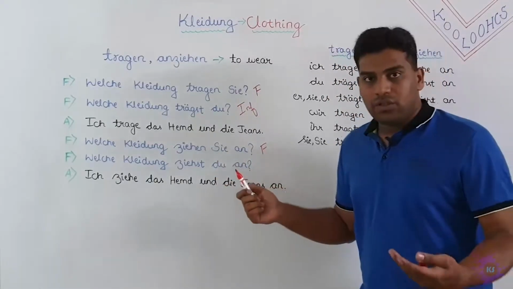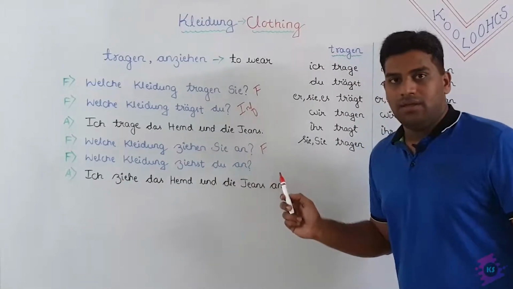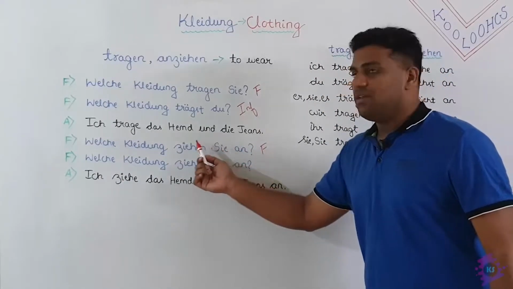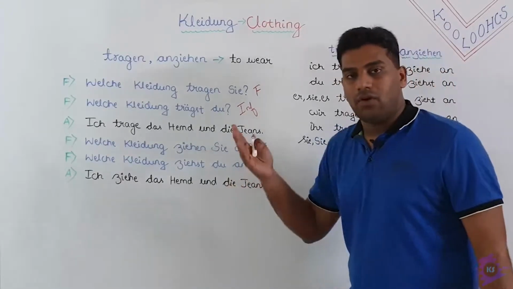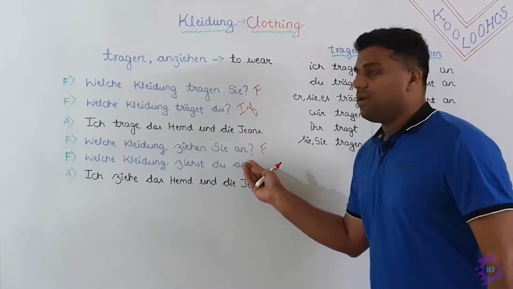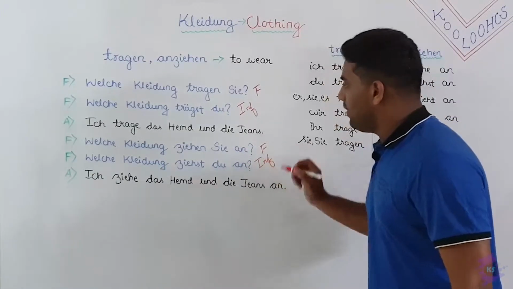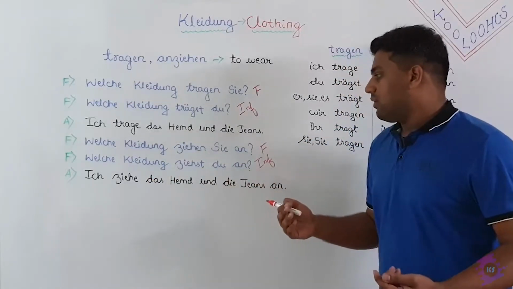And the informal way with du will be like this: welche Kleidung ziehst du an? Ziehst du. For du you need ziehst, and for Sie you need ziehen. Ziehst du an. This an is the prefix, it remains the same for all the pronouns. You just keep the an in the end. So this is the informal way. And the answer will be like this: I wear the shirt and the jeans.